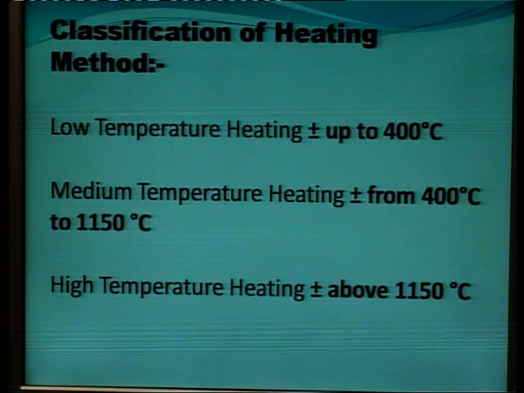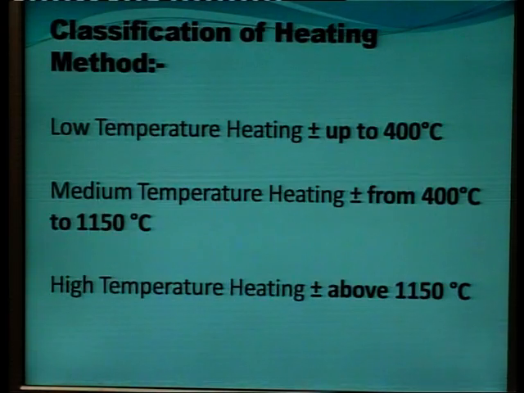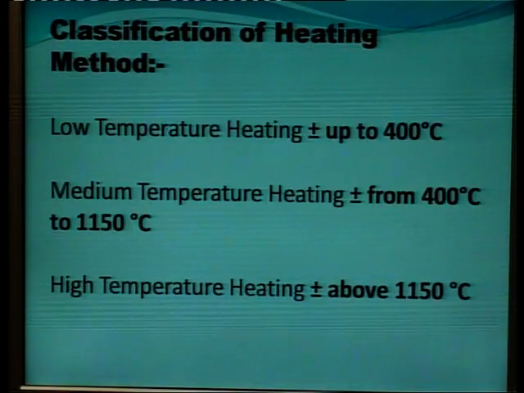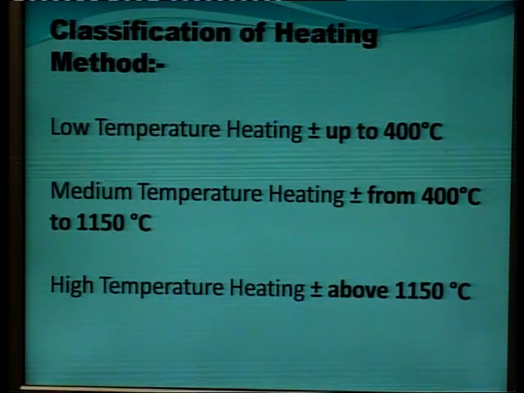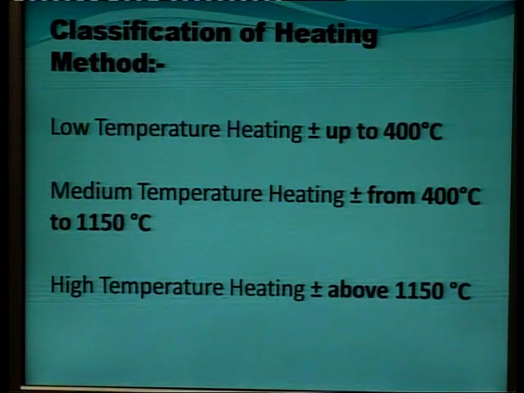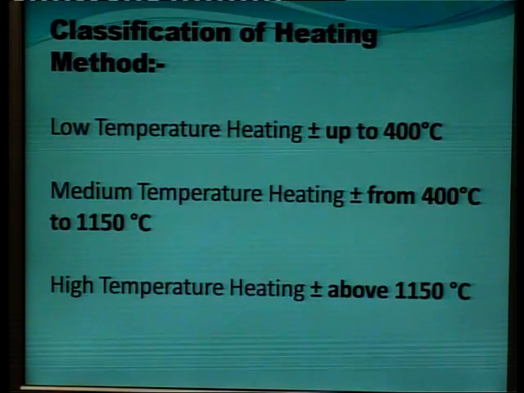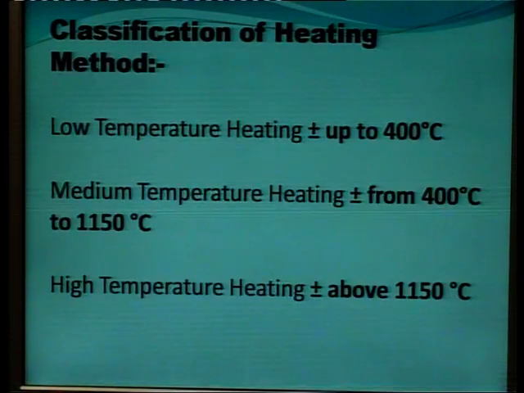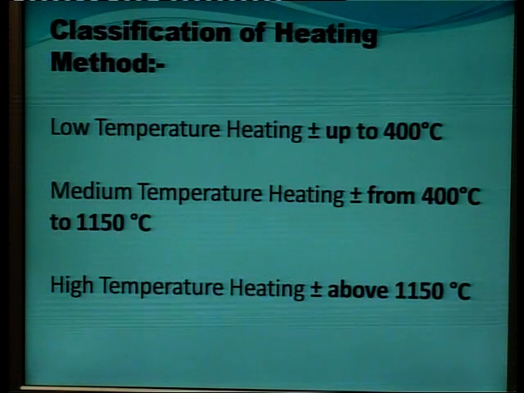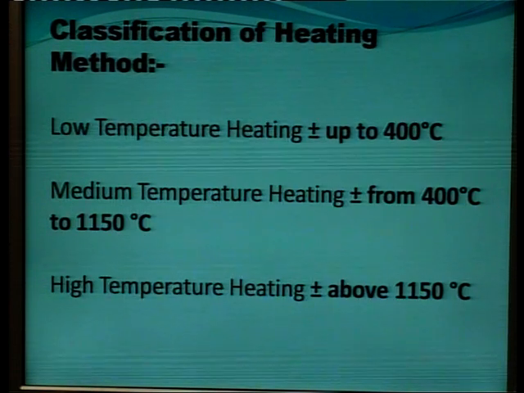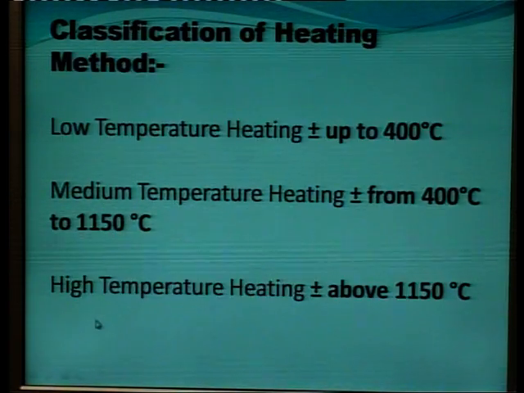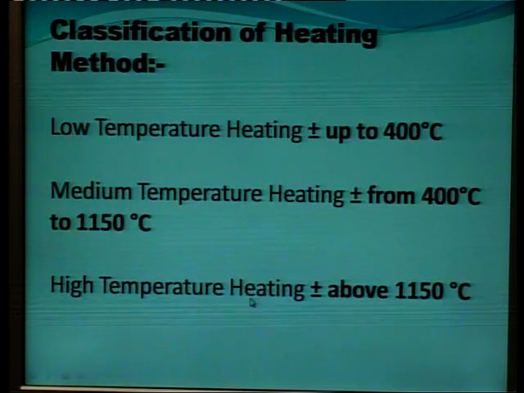First of all, let us classify the heating methods on the basis of temperature. Low temperature heating is up to about 400 degrees centigrade. If the temperature ranges from 400 to 1150 degrees centigrade, then this is known as medium temperature heating. If the temperature is above 1150 degrees centigrade, then this is known as high temperature heating.